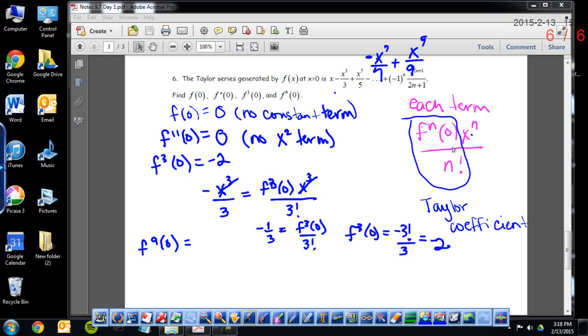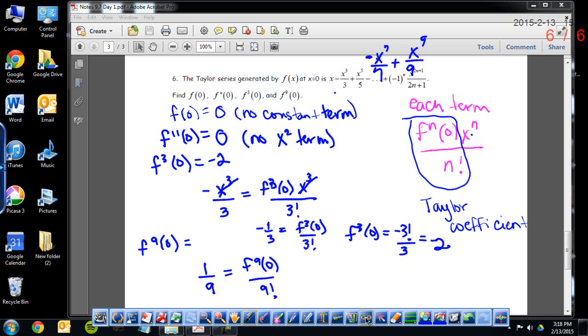I know that that ninth derivative is going to be attached to the x to the ninth term, and I know that the ninth derivative over 9 factorial makes up the coefficient. So I'm just going to look at the coefficient of this term. For x to the 9 over 9, that coefficient is just 1/9, and I know that has to be made up of the ninth derivative over 9 factorial.